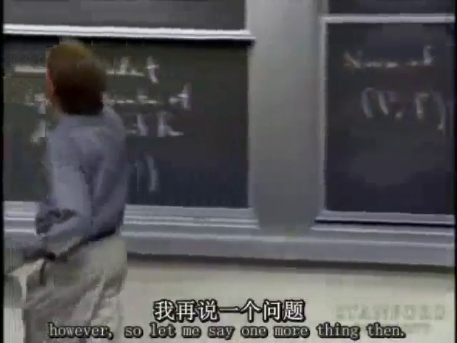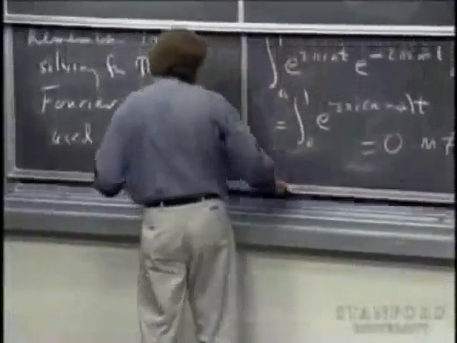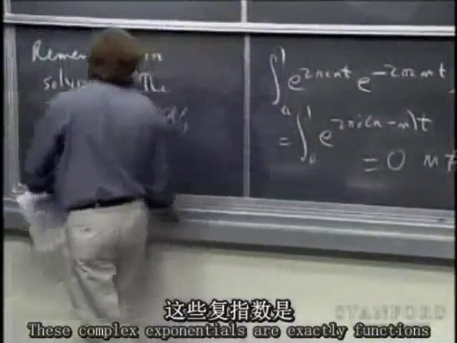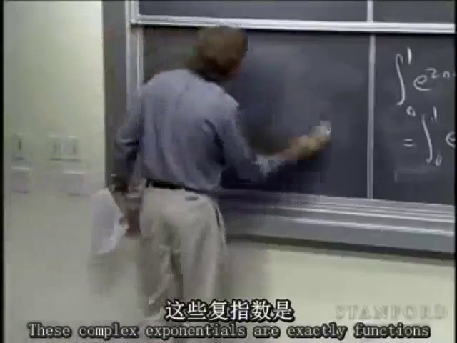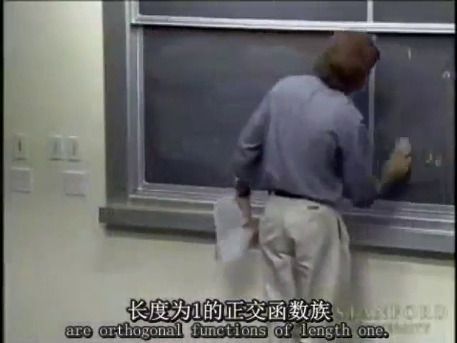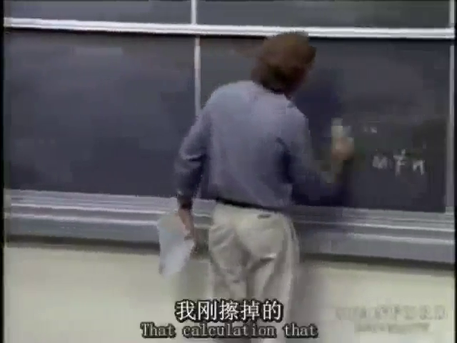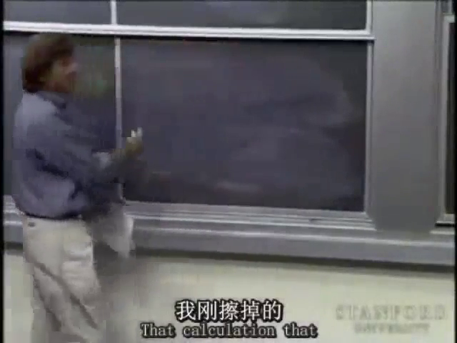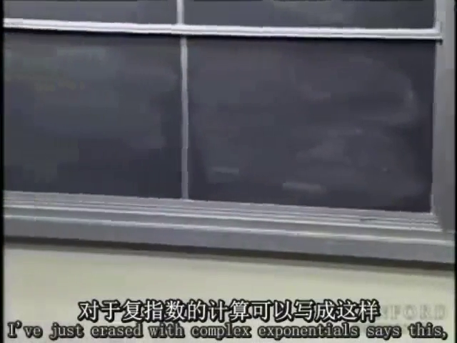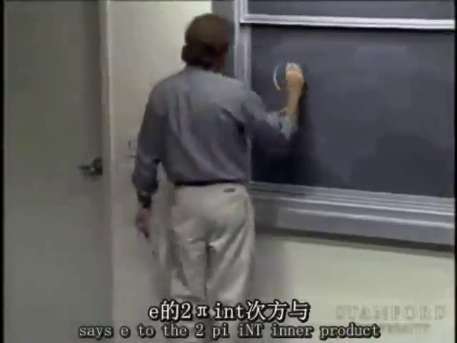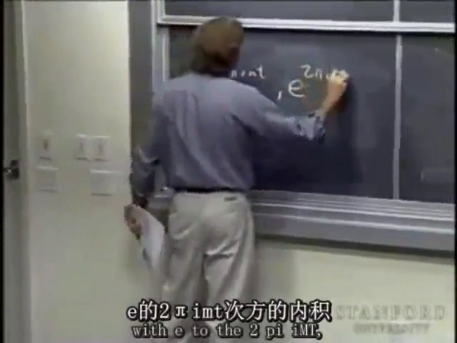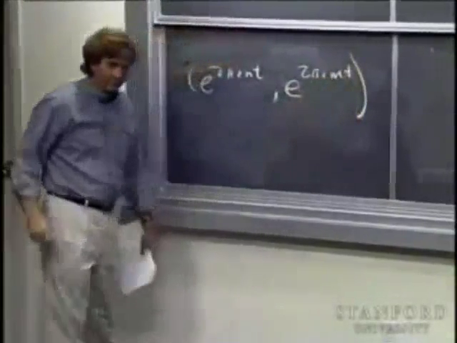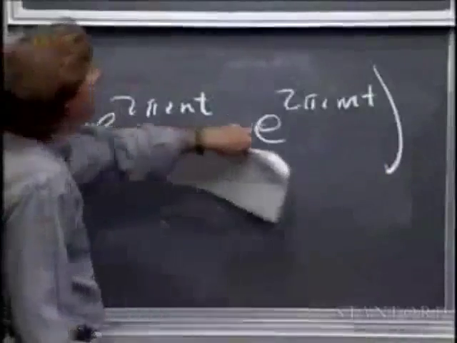However, all right, so let me say one more thing then. These complex exponentials are exactly orthogonal functions of length 1. That calculation that I've just erased with complex exponentials says this. It says e to the 2 pi i nt, inner product with e to the 2 pi i mt. That's the integral of this times the conjugate of this.